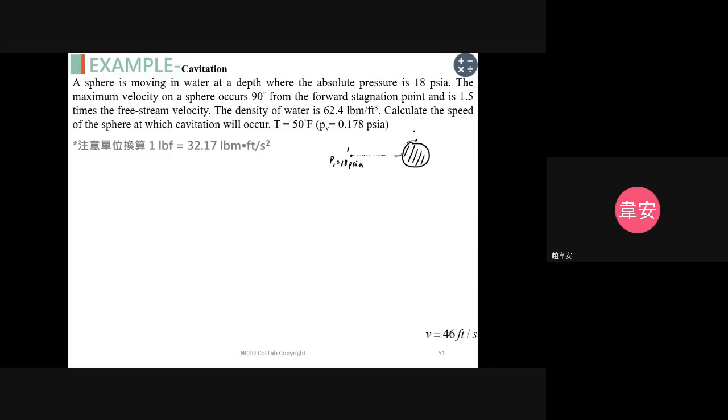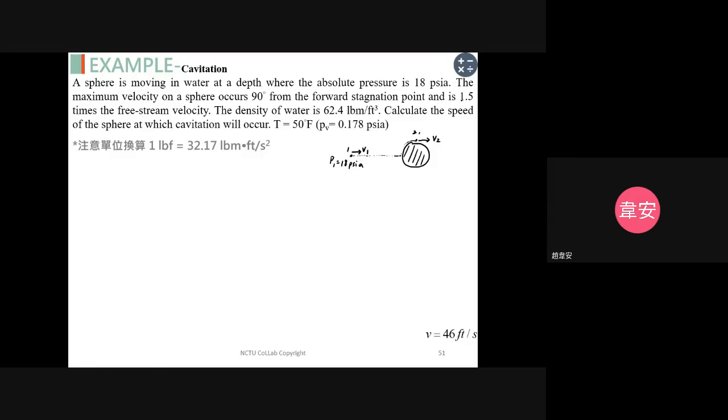We call that point 2, and the velocity at point 2 is V max. Call that V2, and the velocity at point 1 is V1.